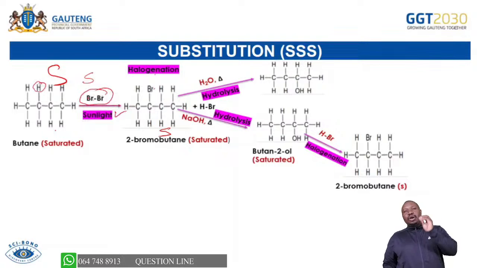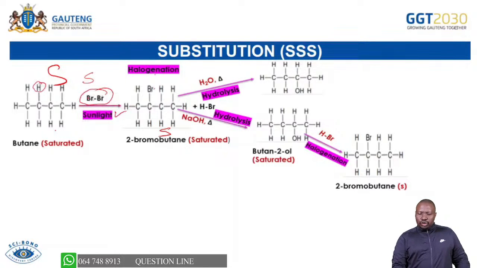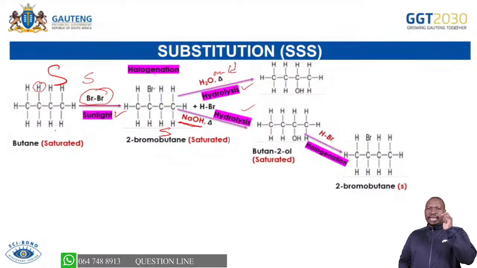Then this haloalkane that is formed undergoes 2 types of hydrolysis, where we use water and mild heat, and dilute sodium hydroxide. Remember, we said for substitution we use dilute sodium hydroxide, not concentrated; we use that for elimination. Dilute sodium hydroxide and mild heat.